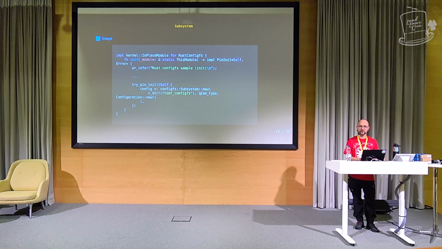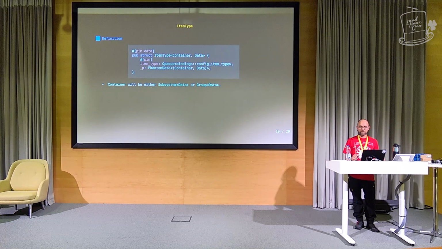Now we just need this guy, describing the contents of a directory. It should go up here somewhere, like item type equals, and then we can put it in here. The C structure is config item type. We do the same thing again, just create a struct, and we put this item type inside.